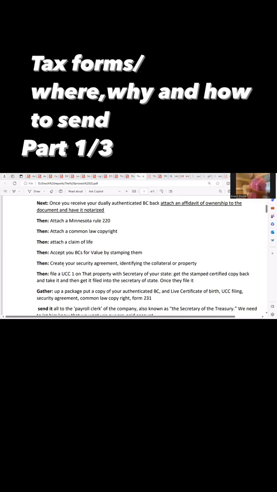We're not going to talk about the UCC 1, but the UCC 1 is relevant when it comes to these particular tax forms. You will need a non-commercial Uniform Commercial Code claim that you want to give to the IRS when it comes to these particular tax forms, so that they know that you have some sort of equitable claim. You don't necessarily need this UCC 1.